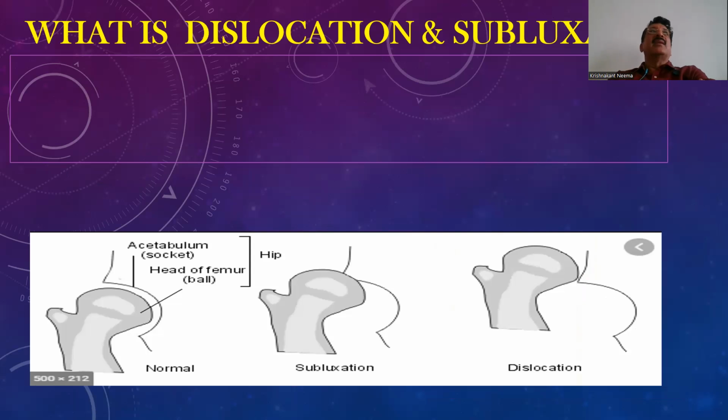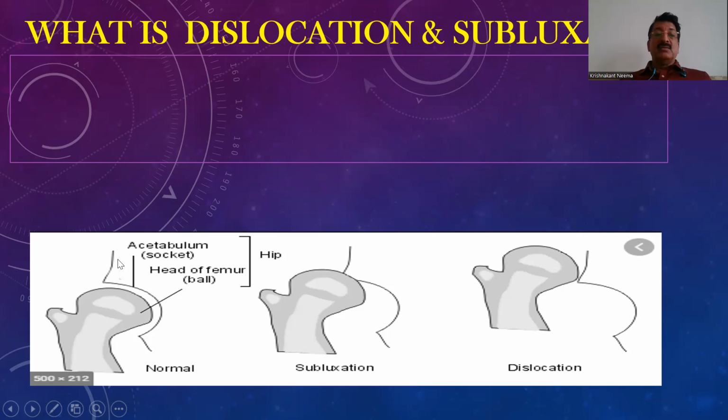Now, after understanding the basics of fracture, let us try to know what is a dislocation and what is a subluxation. In the photograph, you can see this is a photo of a hip joint.